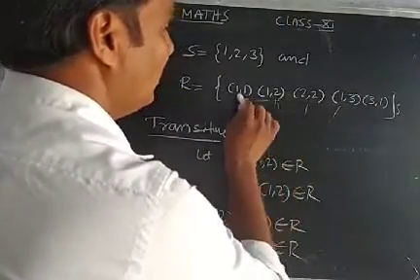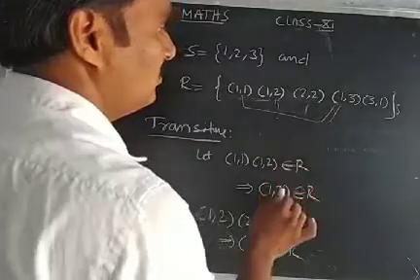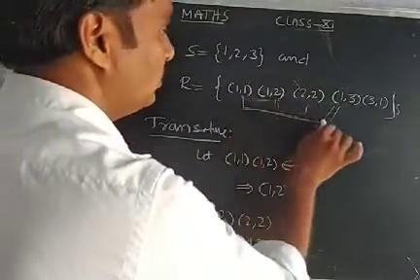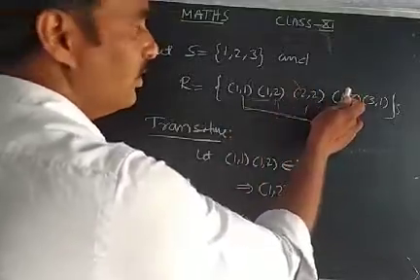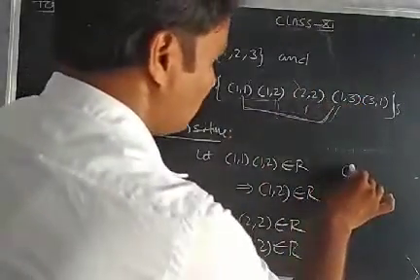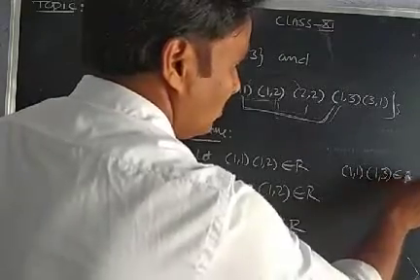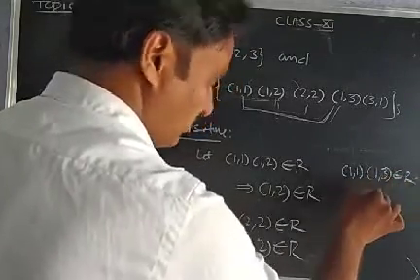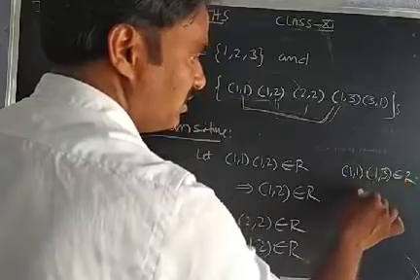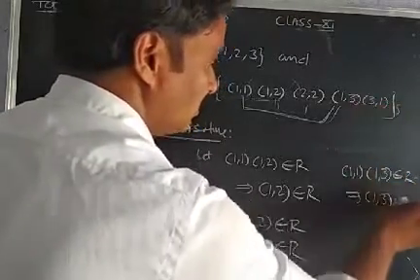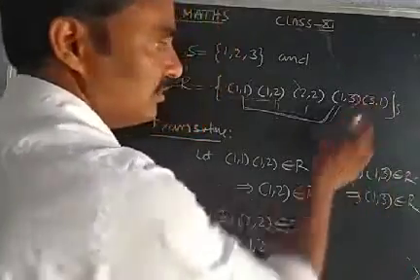No. This and this? Yes. This and this? No. Now I will take these two: 1 comma 1 and 1 comma 3, which belong to R. Now construct the new ordered pair by removing the middle elements: 1 comma 3. Does it belong to R? Yes, it belongs to R.